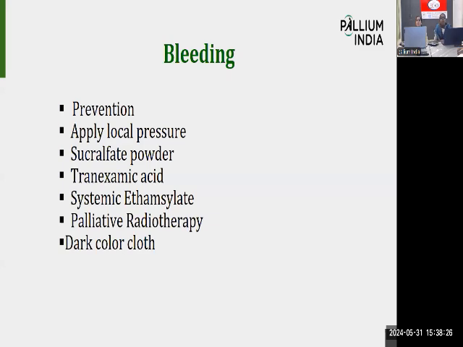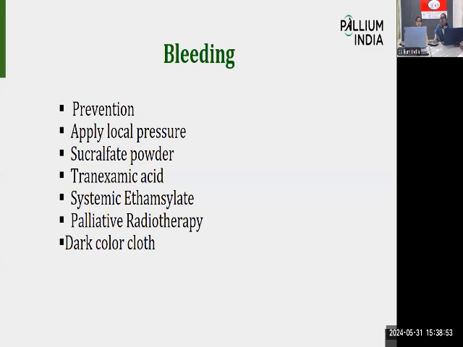And coming to the bleeding, always try to prevent bleeding. If they are bleeding there, you can apply local pressure. If the bleeding is not controlled with local pressure, then you can think about sucralfate powder. Sucralfate, which we use for peptic ulcer management, that medication you can use for controlling bleeding.